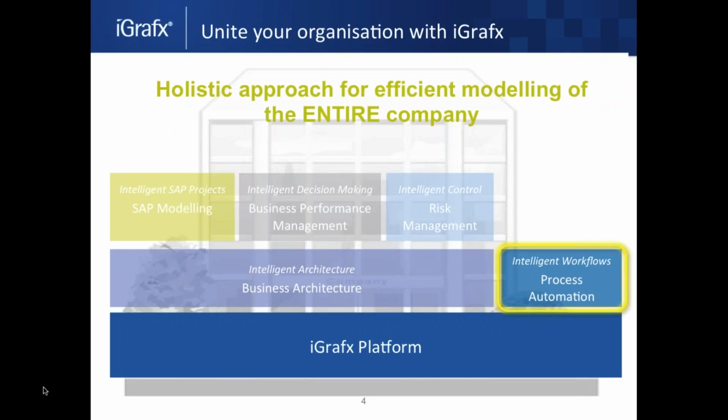And one of the hot topics right now is obviously risk management, where we offer an additional module that we can plug into the iGrafx platform to enable additional functionality regarding risk. And the headliner of today is the process automation, where we will dive deeper in a second.